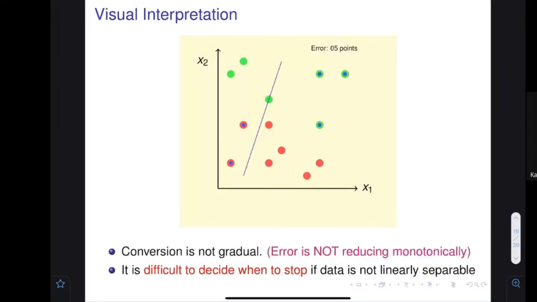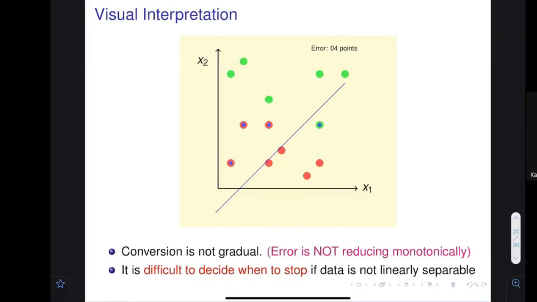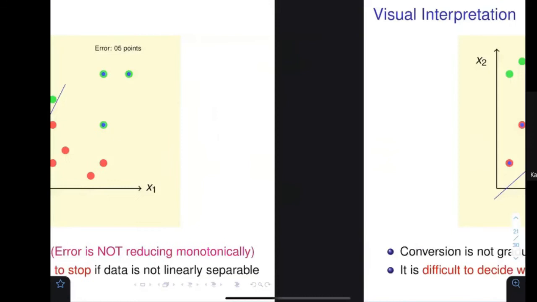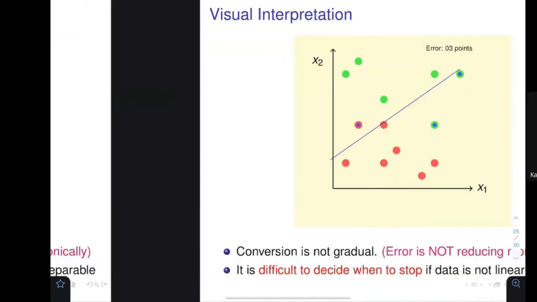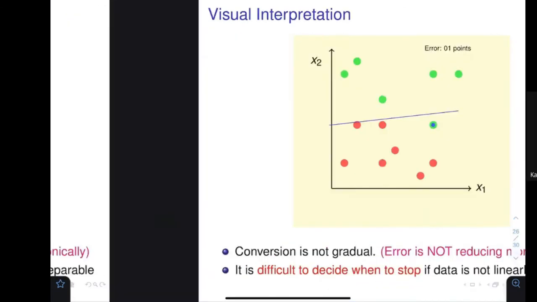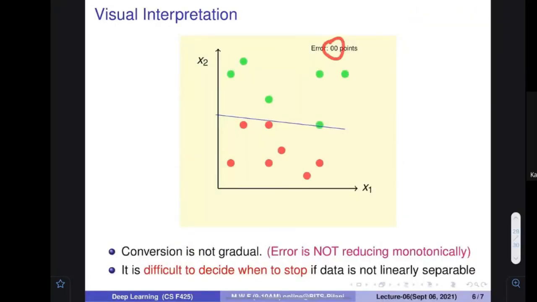Where is the error? These 3 points and 2 points, so the line would move again to this side. With this new iteration, 4-point error, again 5-point error, because it changes based on the errors. 5 points, 5 points, 3 points, 2 points, 3 points, 1 point, error on 2 points, error on 0 points.